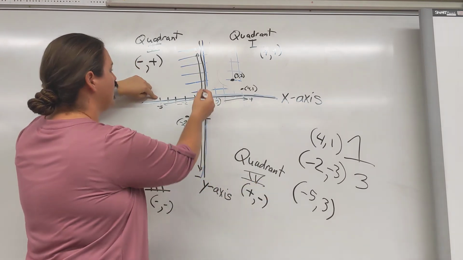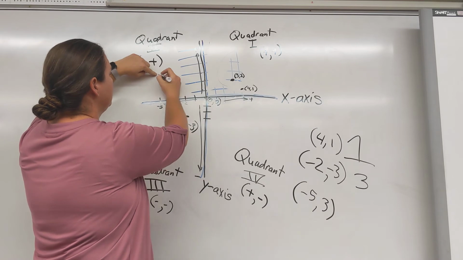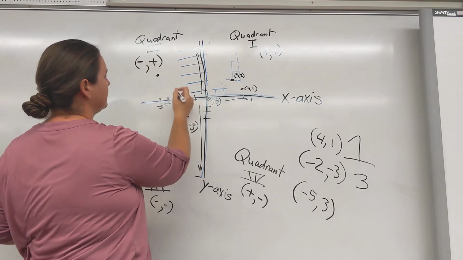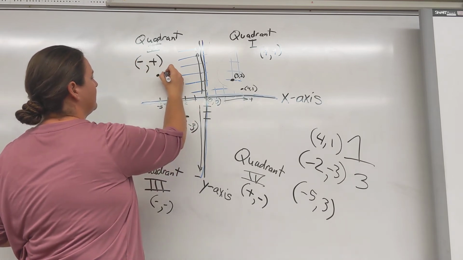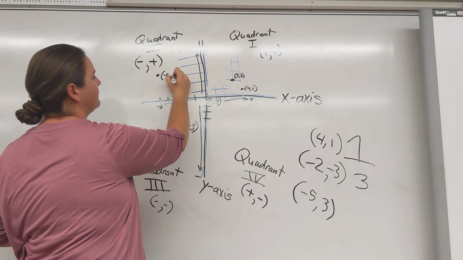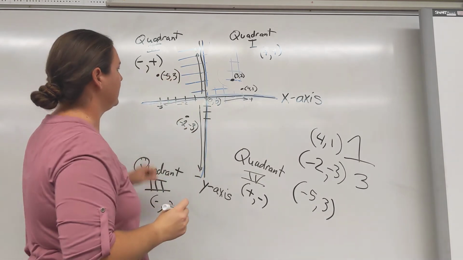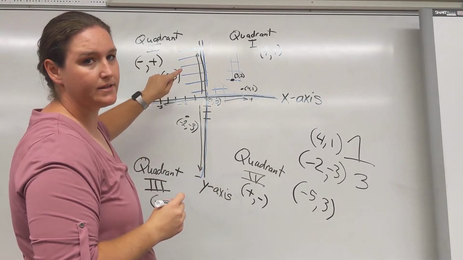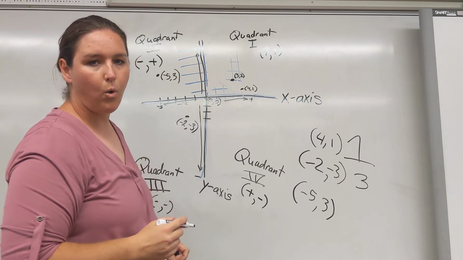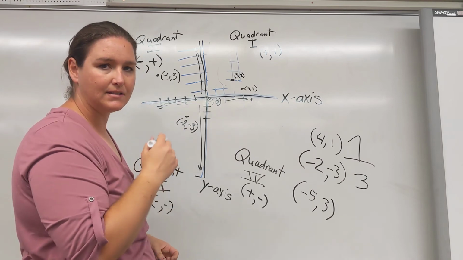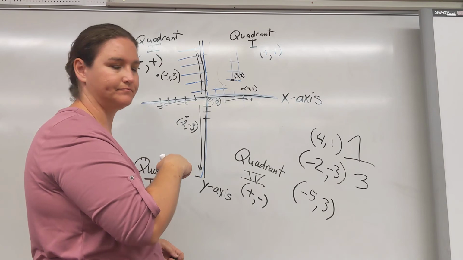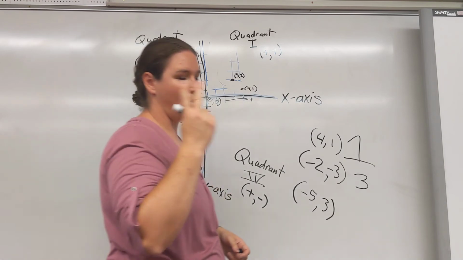We're going to go up. 1, 2, 3, where they meet. So this is negative 5, 3. Negative, positive. Okay, what quadrant is that point in? Quadrant 2.